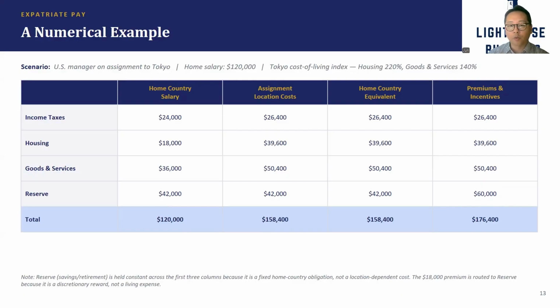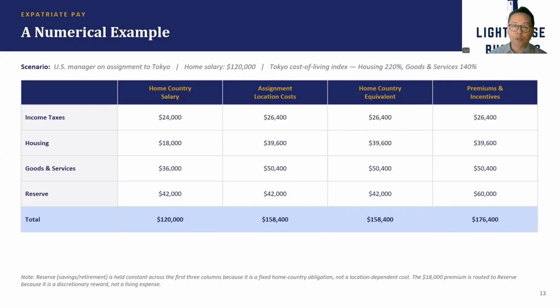It's a genuine bonus the employee can save or spend at their discretion. So the total package comes to $176,400. $158,400 to stay financially even with home, plus $18,000 as a true reward for going.